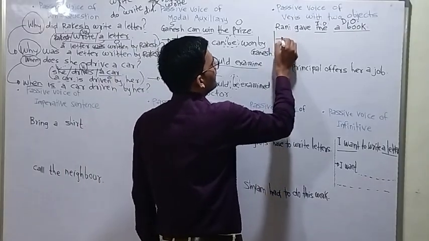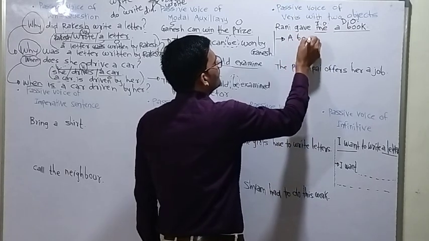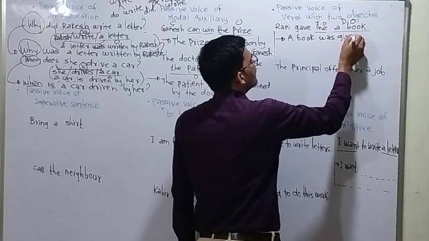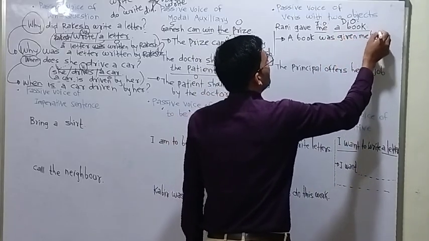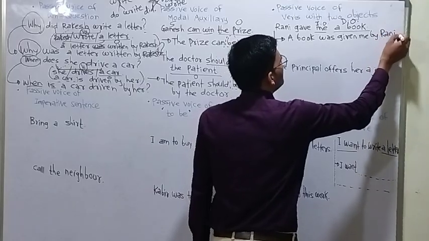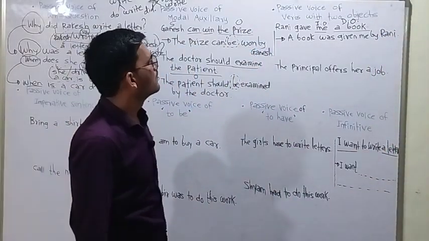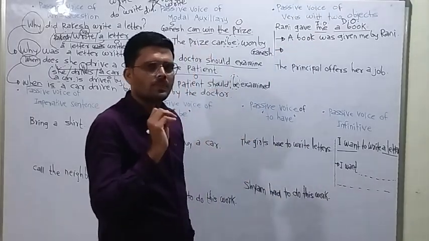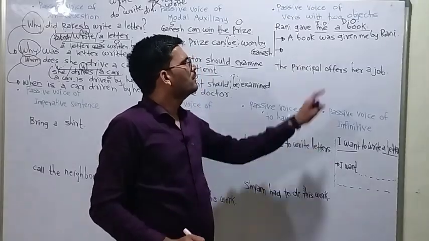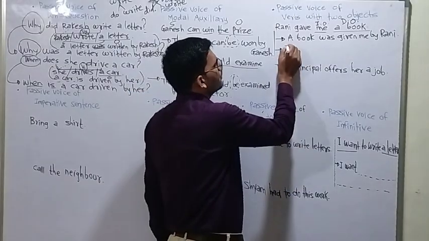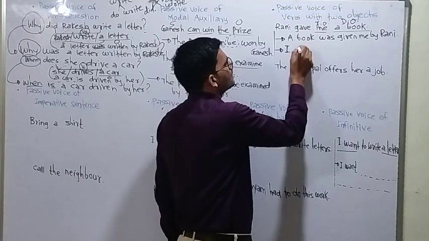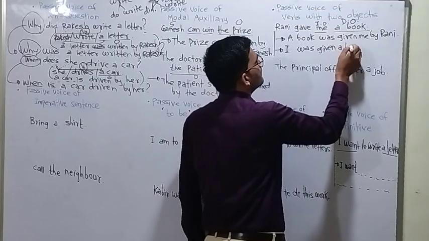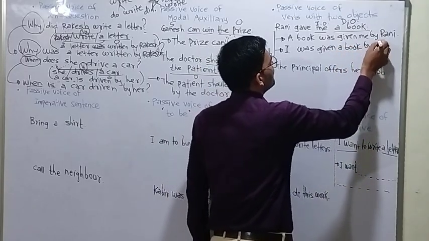There are two types of object there, and we convert active into passive in this way. A book was given me by Rani. At last there is a full stop. Then, the nominative case of me is I. So you have to know: I was given a book by Rani.